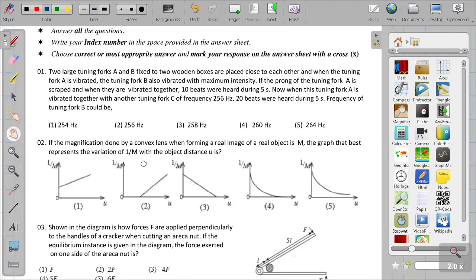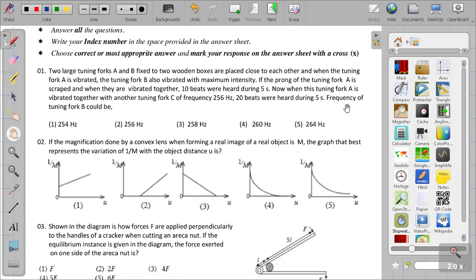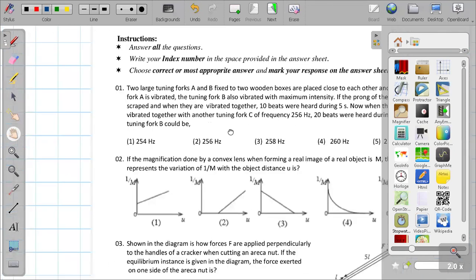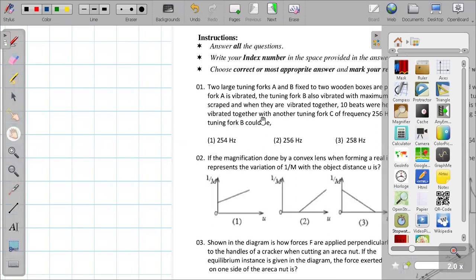Two large tuning forks A and B fixed to wooden boxes are placed close to each other. When the tuning fork A vibrated, the tuning fork B also vibrated with maximum intensity. If the prong of the tuning fork A is squared and they are vibrated together... Maximum intensity.